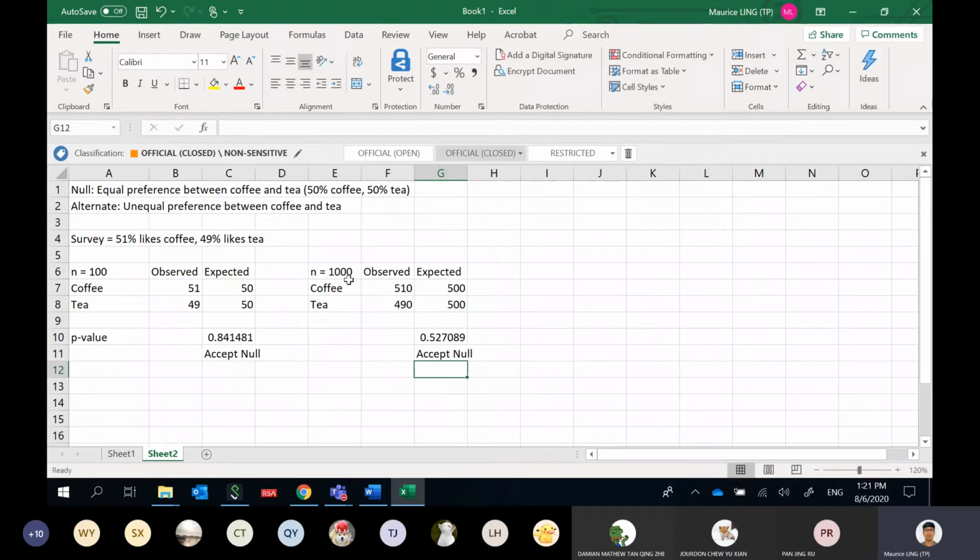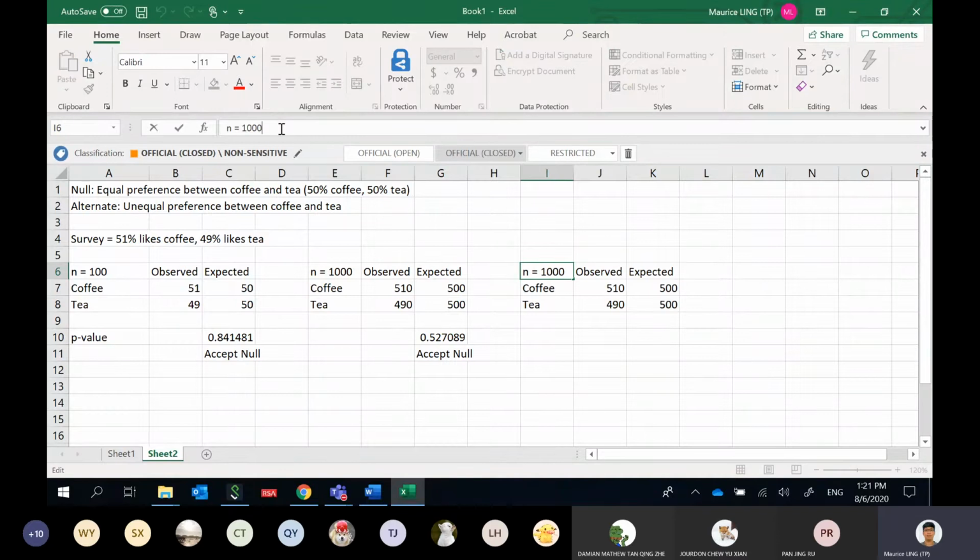Let me continue, and let's say I have a third group that is very energetic, and they survey 10,000 participants. So what should these two numbers be, Ryan? 5,100 and 4,900. Then here will be 5,000, 5,000, right?